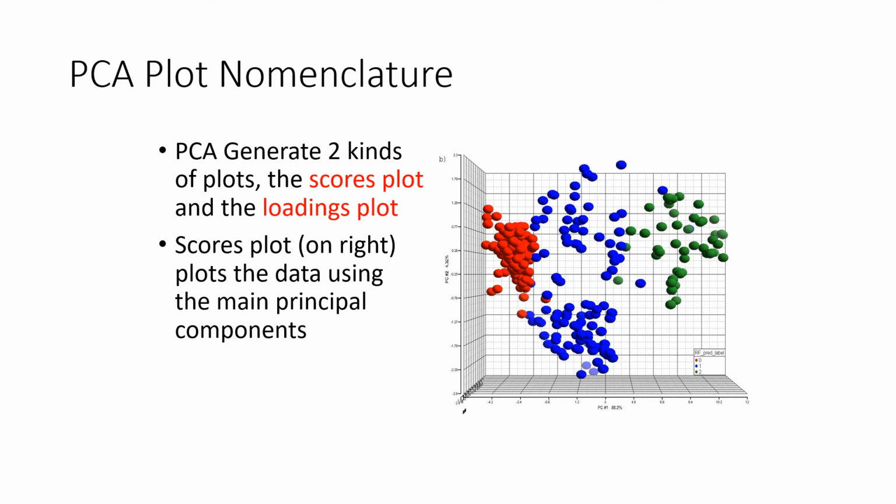So there's three dimensions, x, y, and z axes. X-axis would correspond to one set of metabolites, the y-axis another set of metabolites, z-axis to another linear combination of metabolites. But the result is that the subjects that are being measured seem to cluster into three distinct groups. So that's a scores plot.